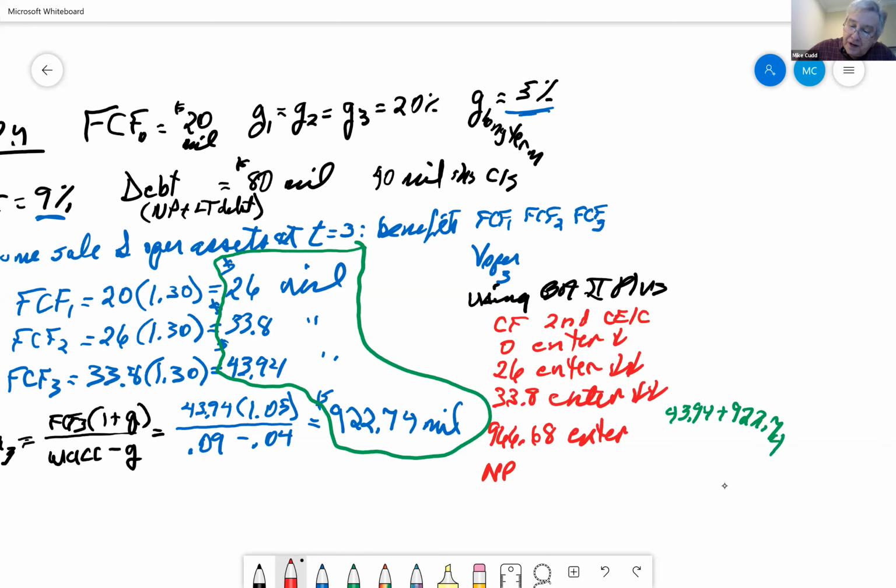Then I find the net present value using my cost of capital as my discount rate. And that gives us the value of the operating assets at time 0. So let's see. Give me a second to walk through this. 26.